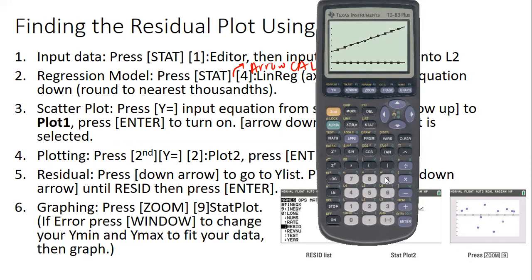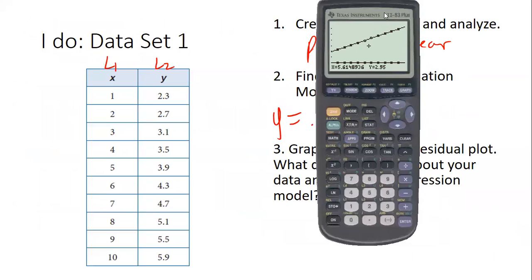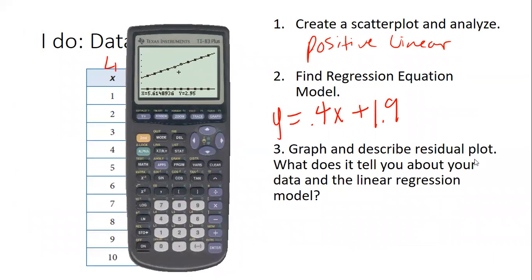Looking at our residual, the points are on the x-axis. What does this mean? It's a perfect model, right? Our residuals are on the x-axis, which makes this a perfect model. It says graph and describe your residual.